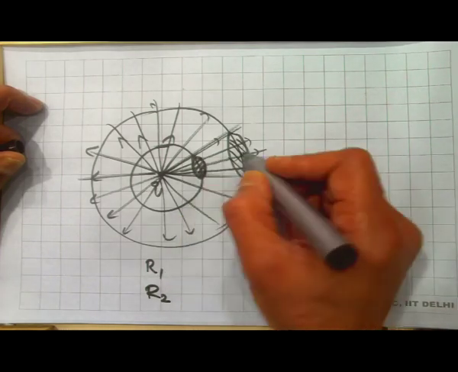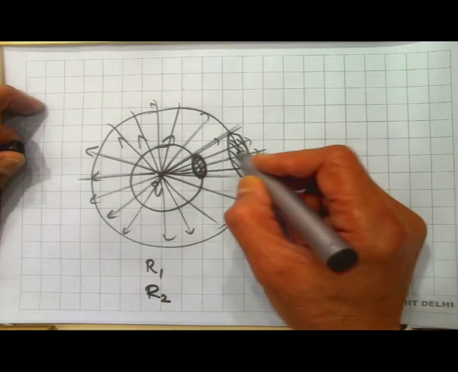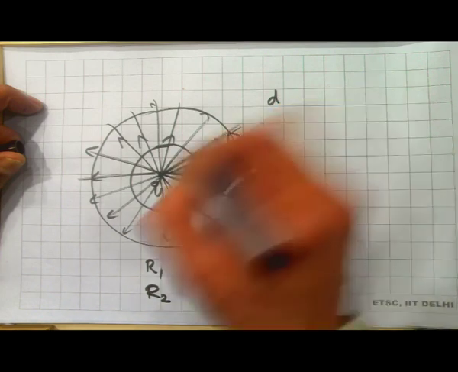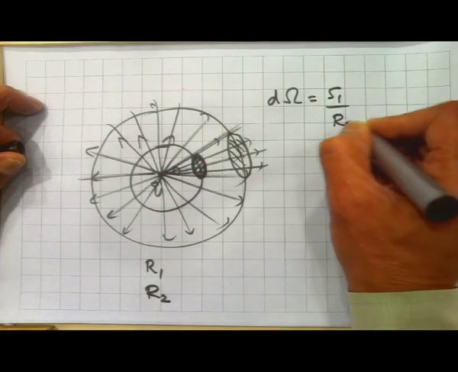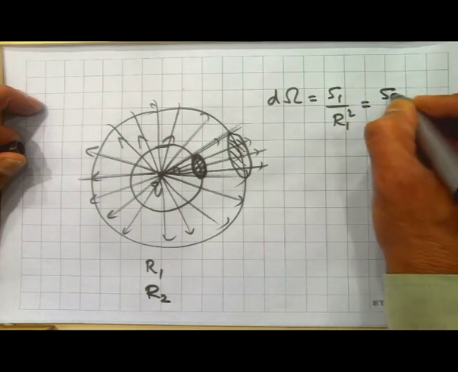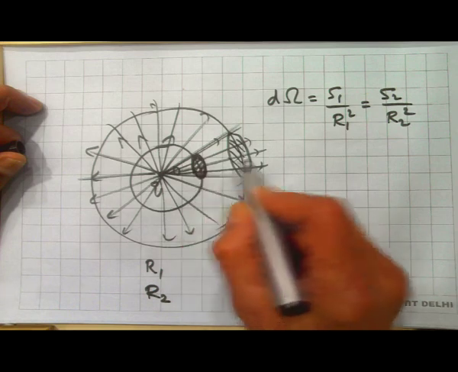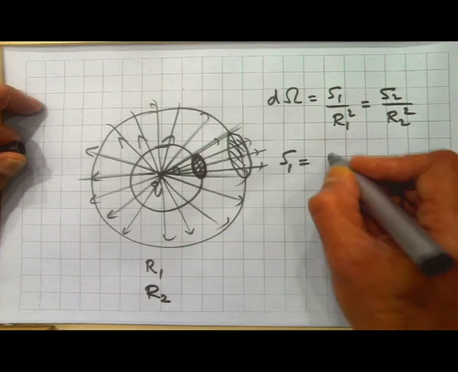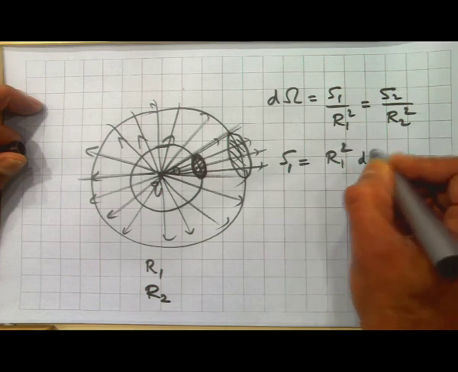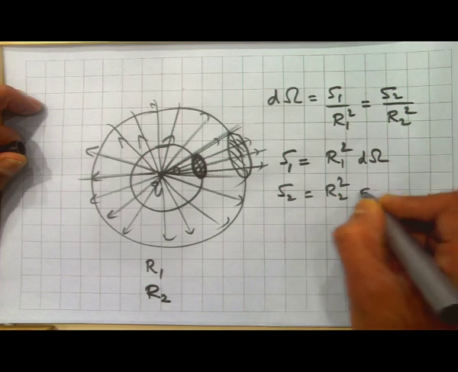So, the area is increasing, because d omega, the solid angle here, is S 1 by r 1 square, which is equal to S 2 by r 2 square. So, S 1 is equal to r 1 square into the solid angle d omega, S 2 is equal to r 2 square times the same d omega.